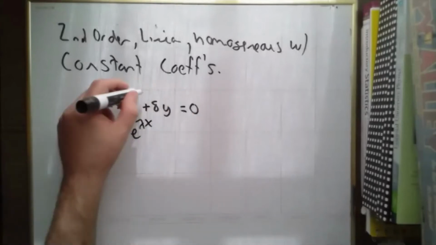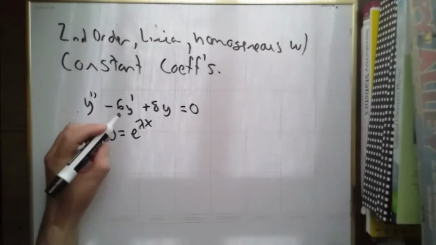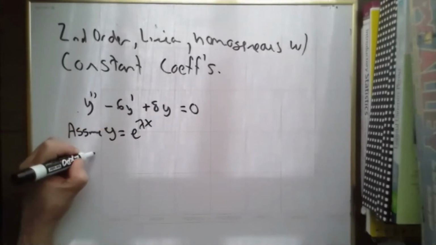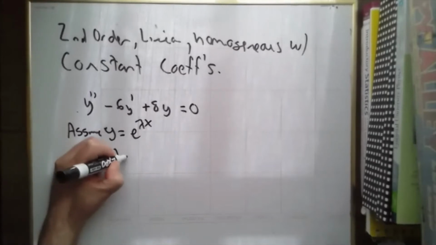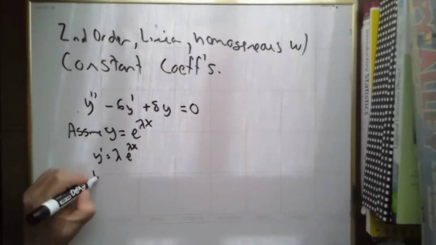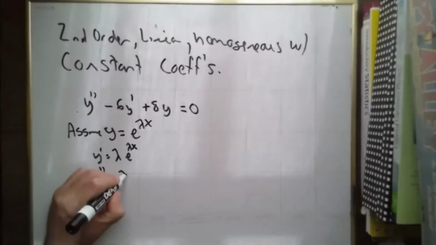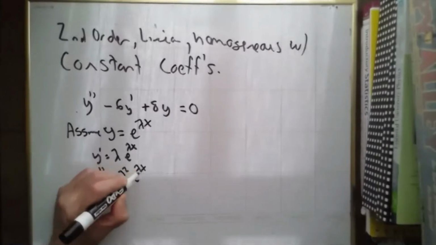So let's plug it in and see what we get. So y prime would be lambda e to the lambda x. Y double prime would be lambda squared e to the lambda x.